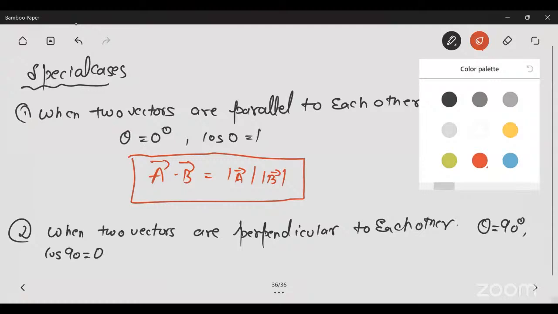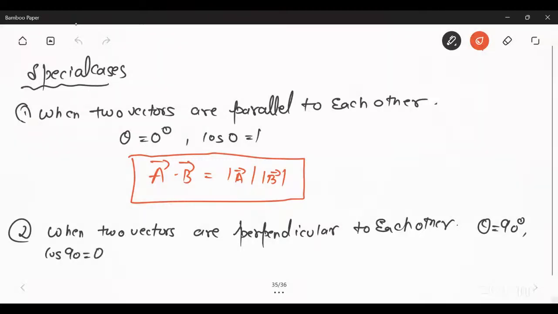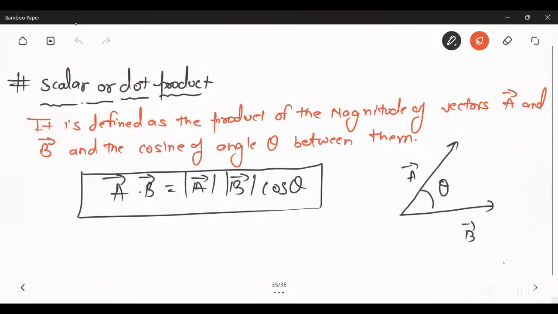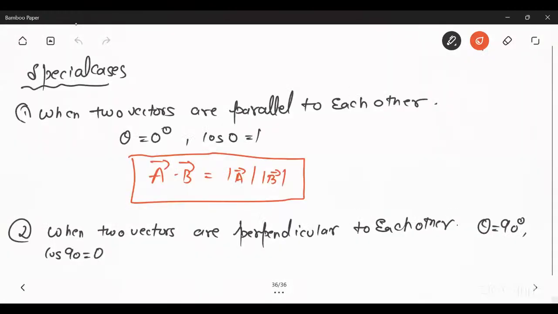So A dot B is also 0, because A dot B is equal to mod A mod B cos theta, and if this term is 0, then 0 into something is 0. So A dot B is equal to 0.